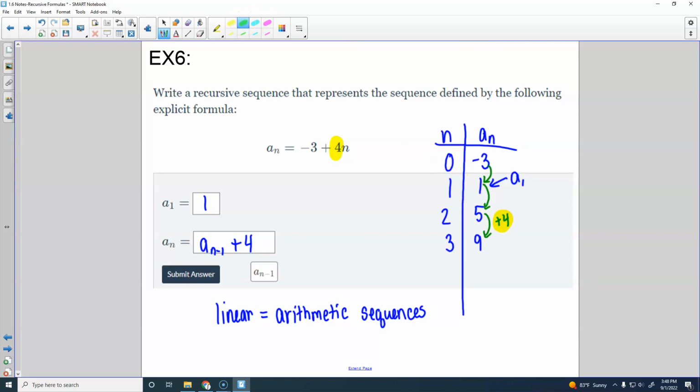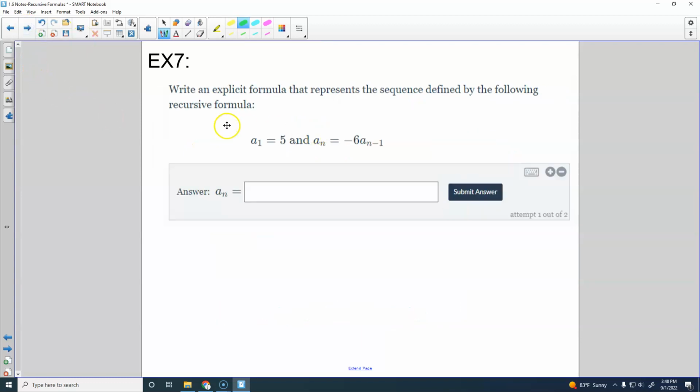And then whatever your a sub 0 is, that's going to be your y-intercept. That's going to be useful for the next problems that we do. So on these next problems, we are given a recursive formula, and we're asked to go back to the explicit formula.